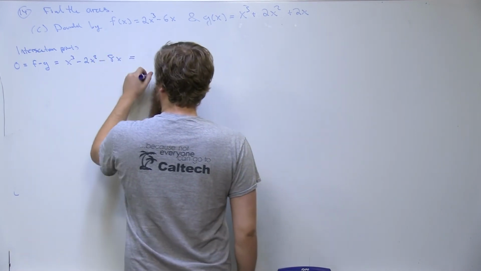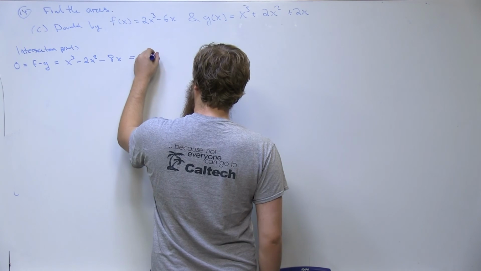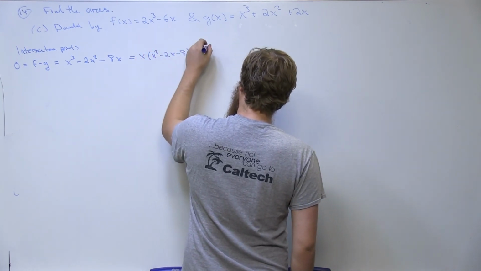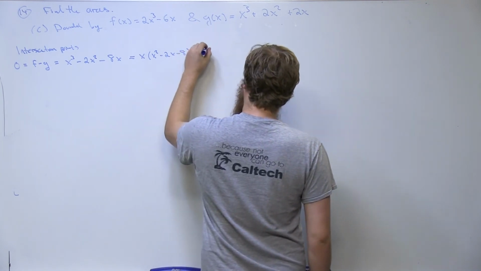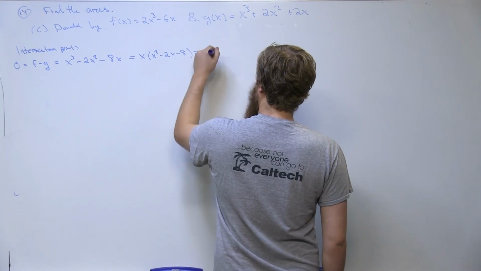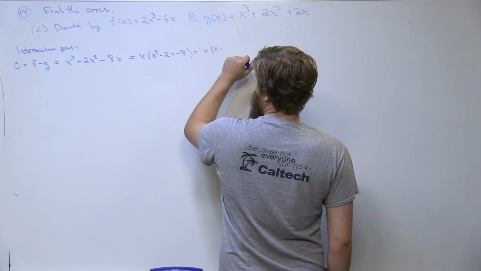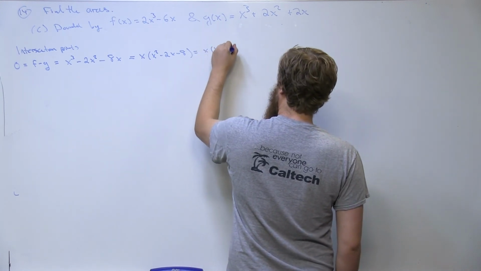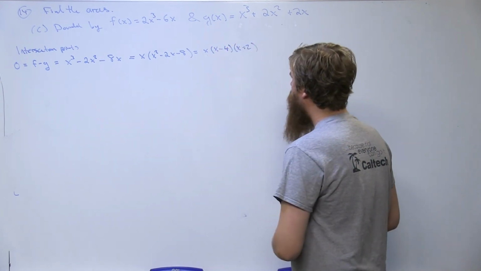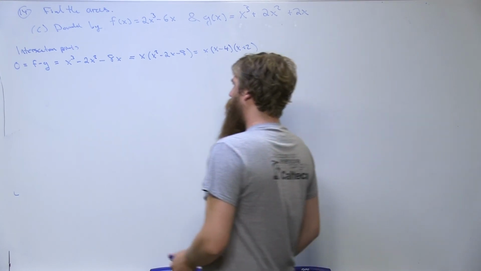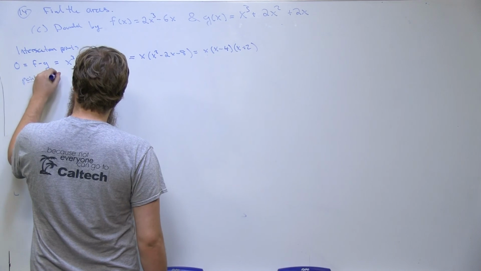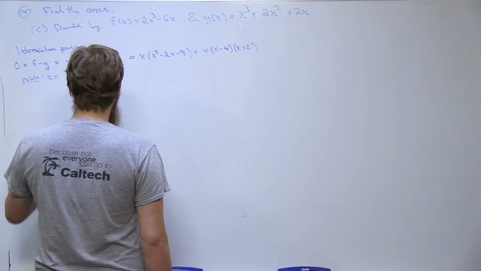And this is equal to x times (x squared minus 2x minus 8), which is equal to x times (x minus 4) times (x plus 2), right? Okay. So our intersection points are x equals -2, 0, and 4.